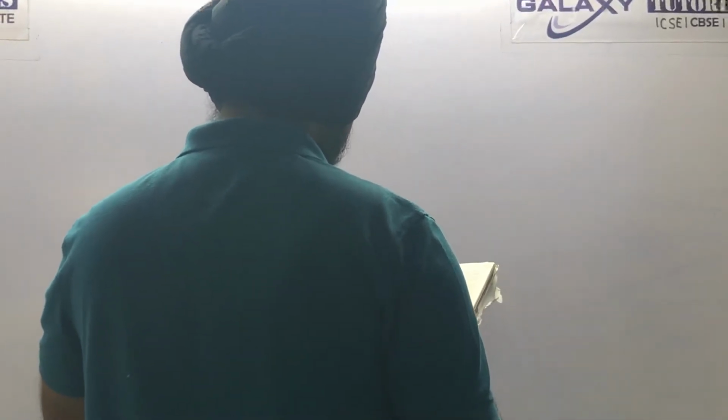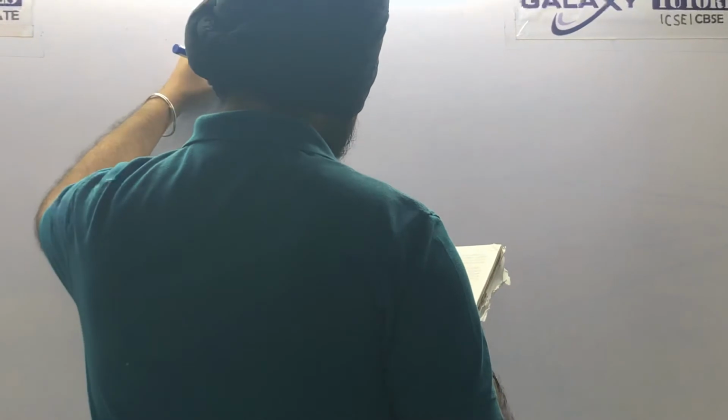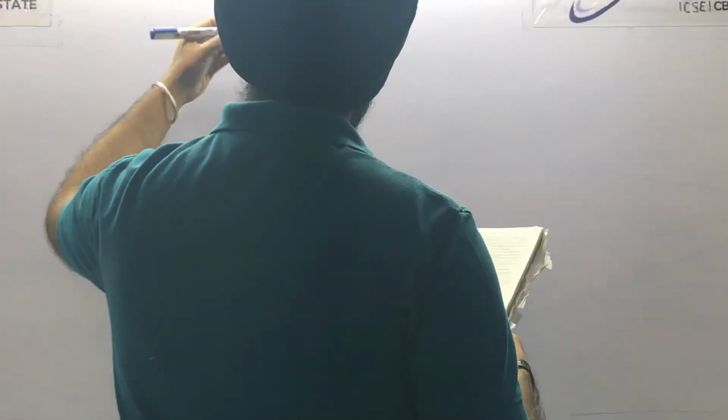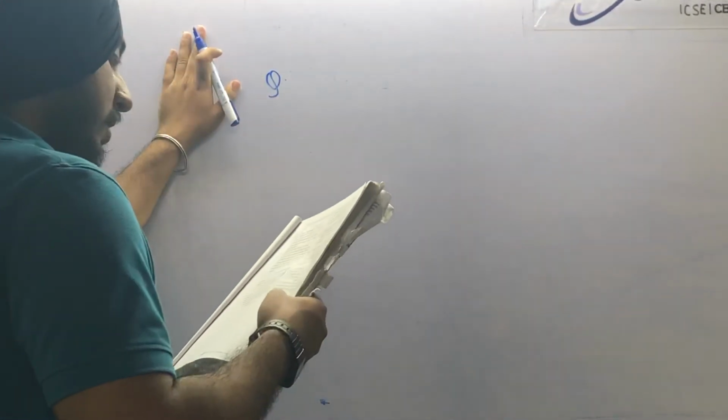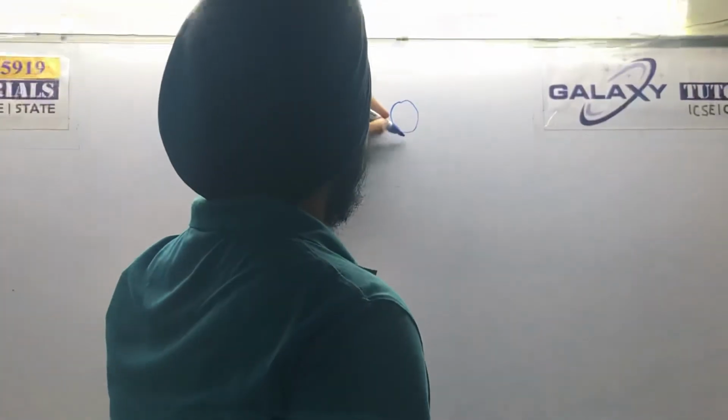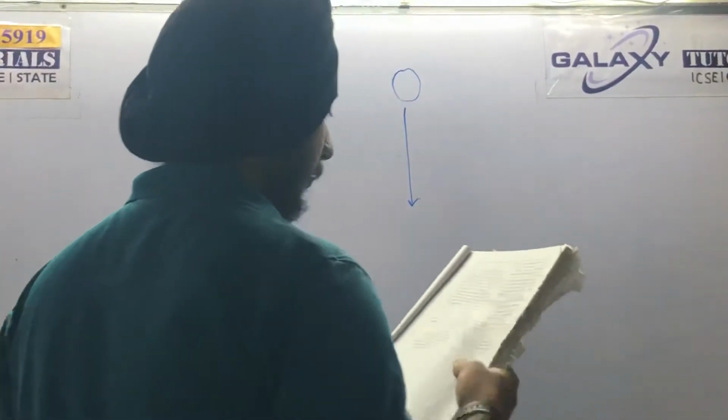Okay, let us do the next question. An object is falling freely under gravity. Okay, there is an object that is falling freely under gravity.